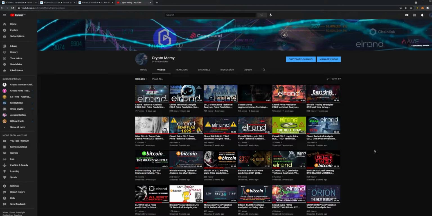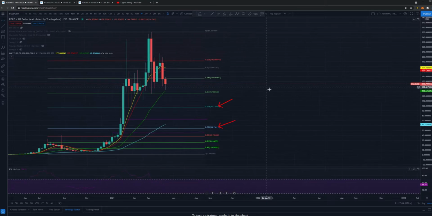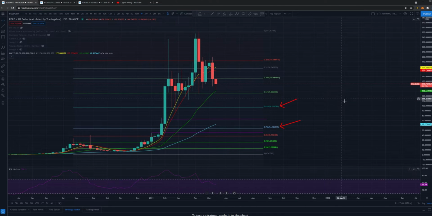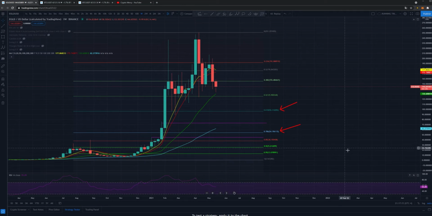Maybe you will make 10% profit, but you will get trapped at the golden fib, because this is a B wave, and the price fishers will trap all the fish in the trap zone, and this is exactly what happened. Anyway, you know my story. You just have to watch all my videos since a month, and you will see that I've predicted this for Elrond and Bitcoin.